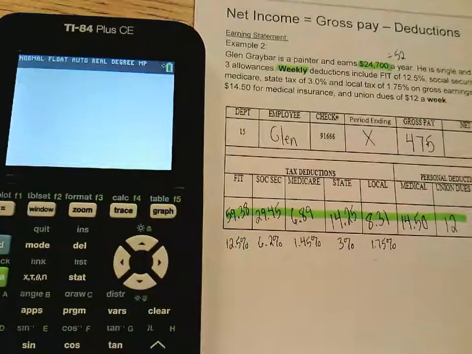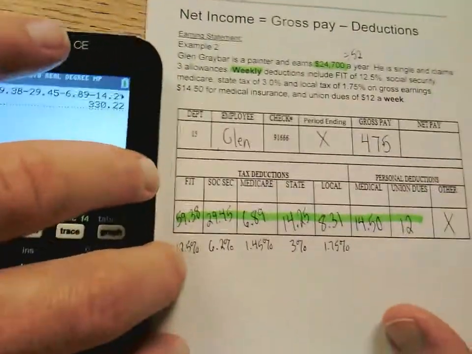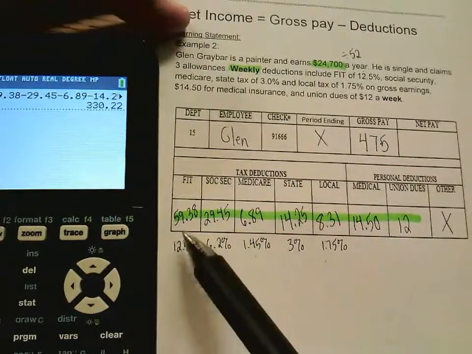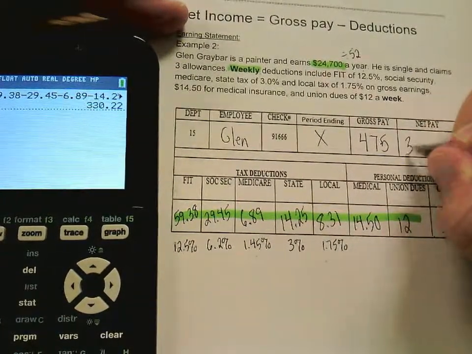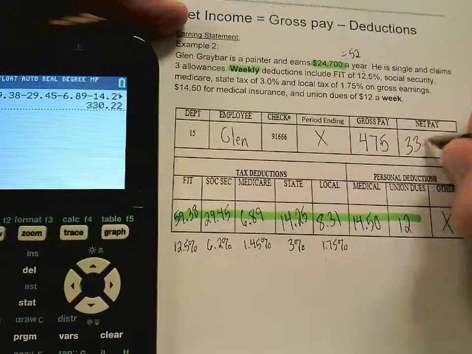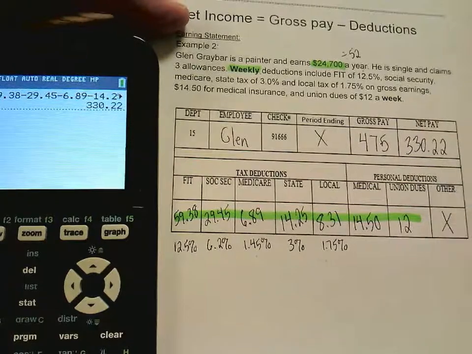Press enter. That's his net pay. So he made $475, and after subtracting all the deductions, he has a net pay of $330.22. That's how much money his check will be written out for.